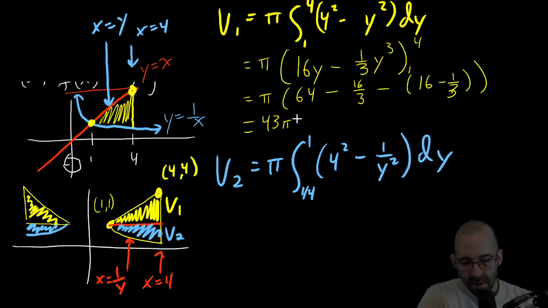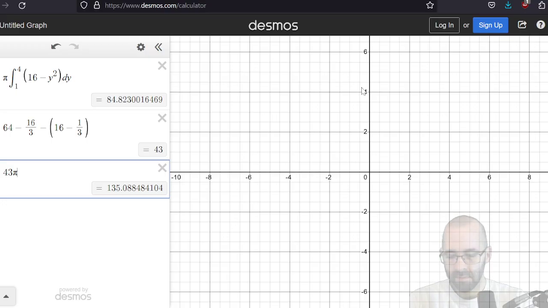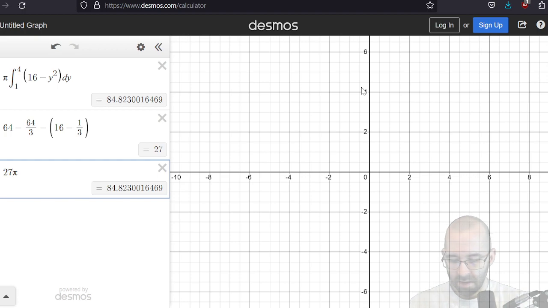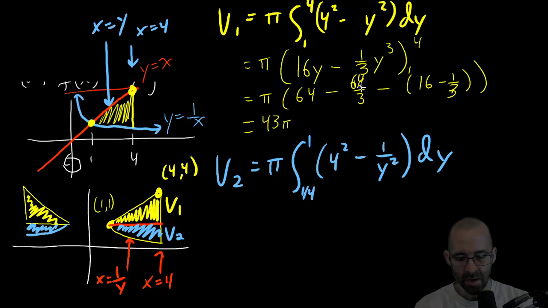The antiderivative is 16y minus 1/3 y cubed. 64/3 is right there. This makes a lot more sense now. 27. Oops, why am I adding zeros? 27 pi is exactly what we wanted. Good.